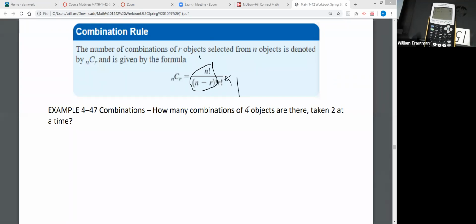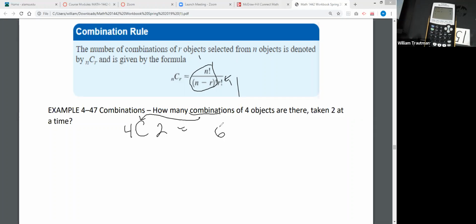How many combinations of 4 objects are there taken 2 at a time? We have 4 objects, it says combination, and we're taking them 2 at a time. We just did that one. You should get 6. Press 4, math, arrow over to nCr, picking 2, hit enter, and you get 6.